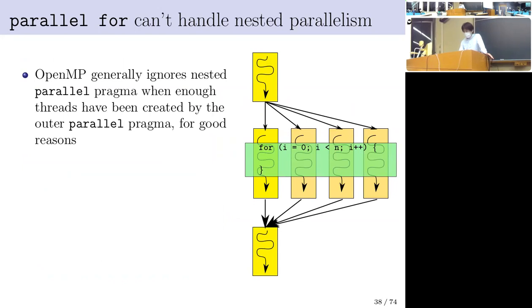So in short, parallel for cannot handle nested parallelism very well. There's some complicated story about what the specification exactly says about nested parallelism. You can extract some level of parallelism from nested parallel regions or nested parallel for loops, but all in all, it's very restricted. It's not very flexible.